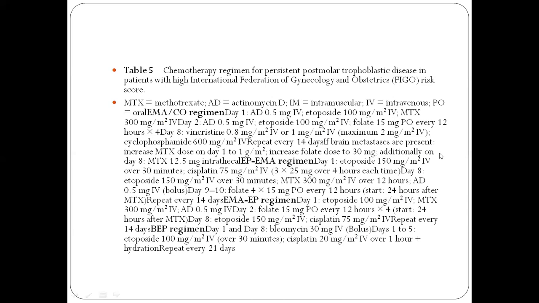So this is also given until the patient scores 3 negative readings, or after the first negative reading, you give 2 consolidation cycles of chemotherapy. And then after that, follow this patient for a period of 2 years. For high risk, you follow them for 2 years. So you counsel the patient to avoid pregnancy for that duration. They should be on contraception.